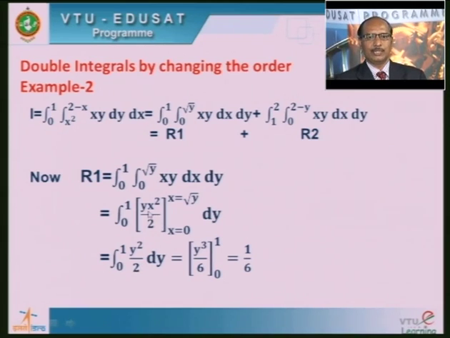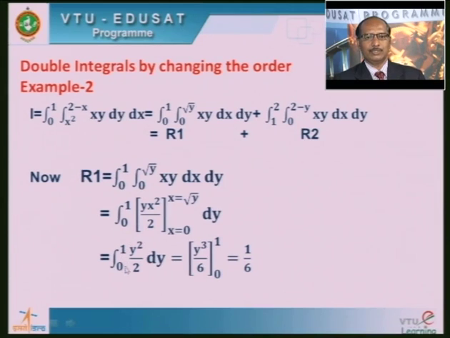minus the lower limit, substitute x equal to 0. When you substitute x equal to 0, the entire term becomes 0. That is why it is not considered here. So only y square by 2 is the simplification. Now it is a function of y. So we know that after the integration with respect to x, that becomes the function of y.